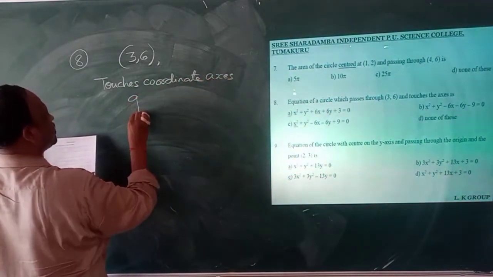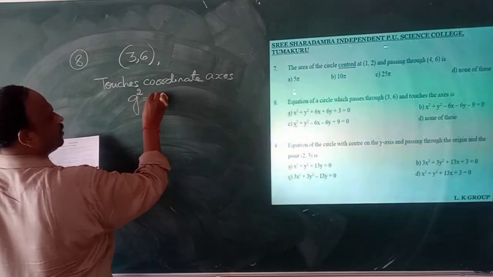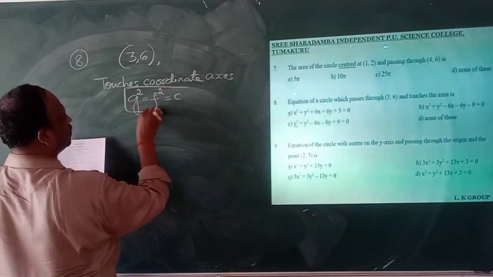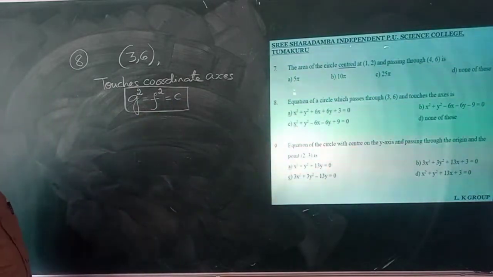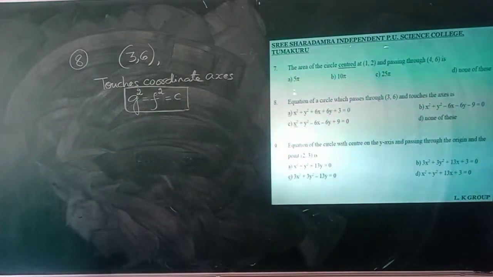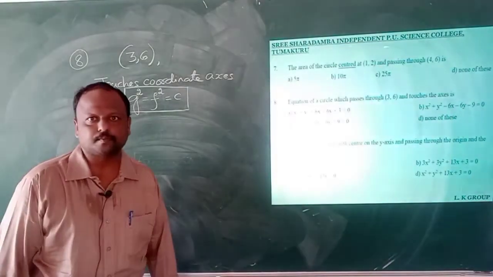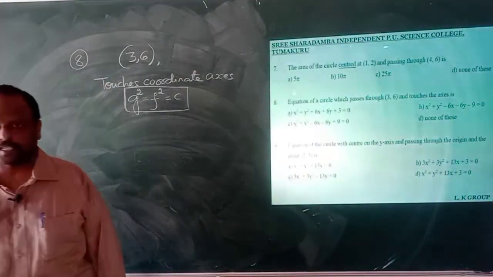The condition for circle touches both axes is g square is equal to f square is equal to c.